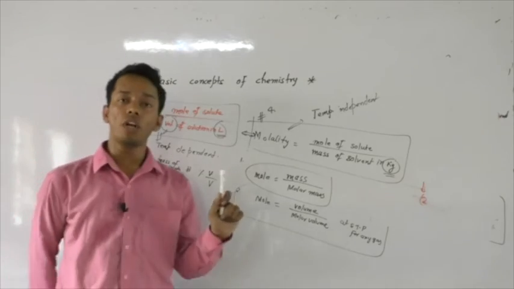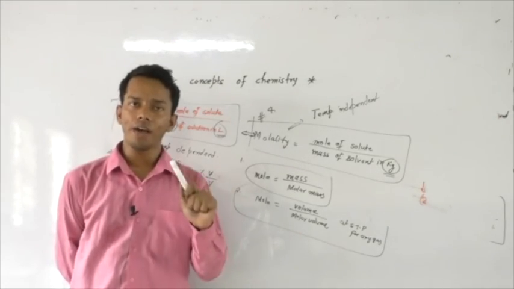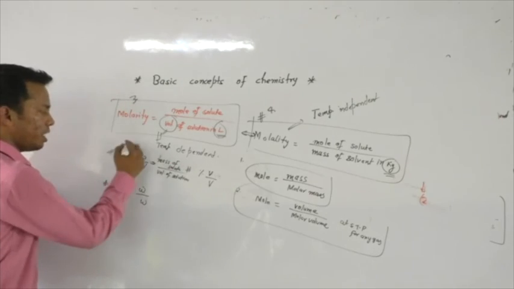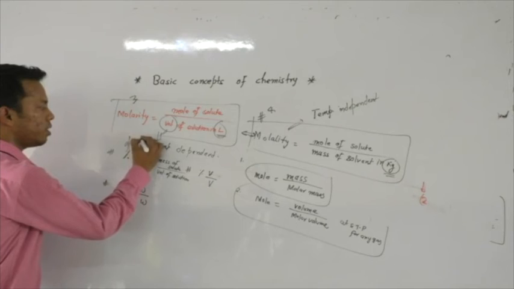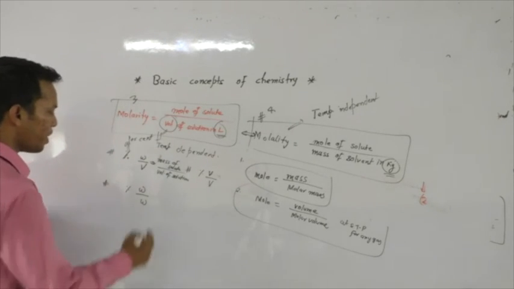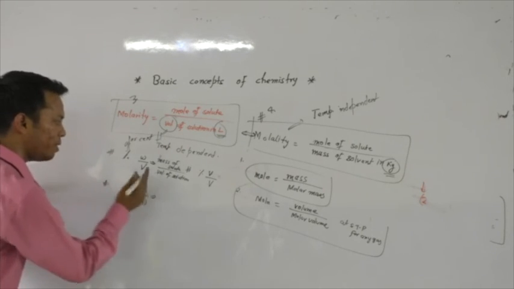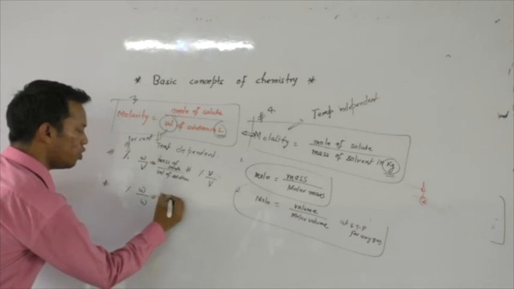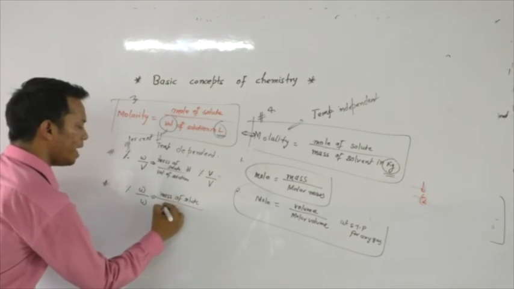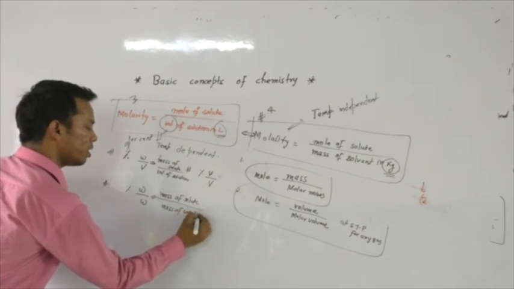And what should be the volume of solution? It should be 100 ml. Why? Because here we are taking percent, which means per 100 ml. Percentage weight by weight means mass of solute divided by mass of solution.